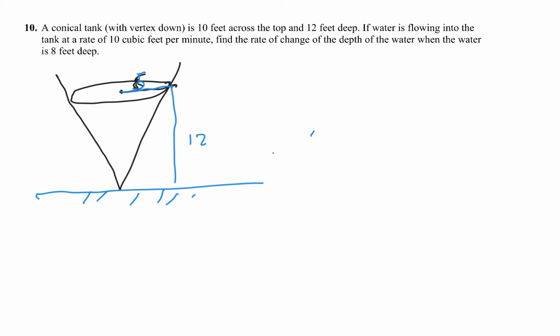A conical tank with vertex down is 10 feet across the top and 12 feet deep. If water is flowing into the tank at a rate of 10 cubic feet per minute, so there is volume coming in, the change in the volume per unit of time is 10 cubic feet per minute.